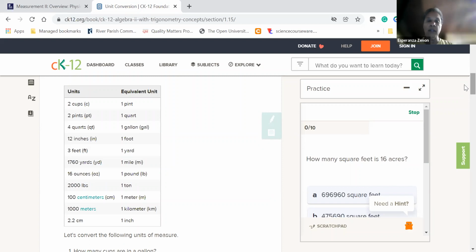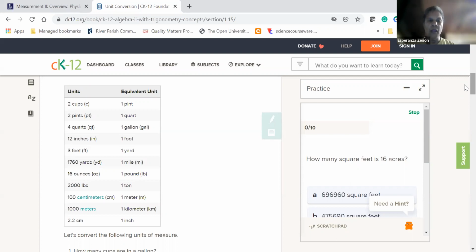And you're seeing what it does there, it gives you the equivalent in another unit. So for example, they have 4 quarts and the equivalent unit is 1 gallon. Or you see 100 centimeters and its equivalent is 1 meter, if you want to look at the metric system.